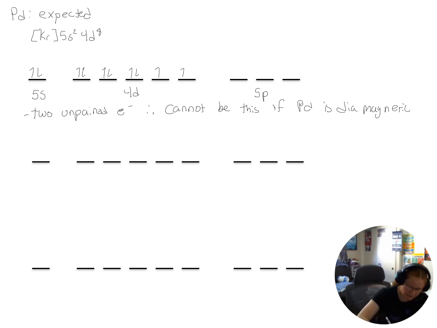It looks like this. We have no 5s electrons, and we have a 4d10.